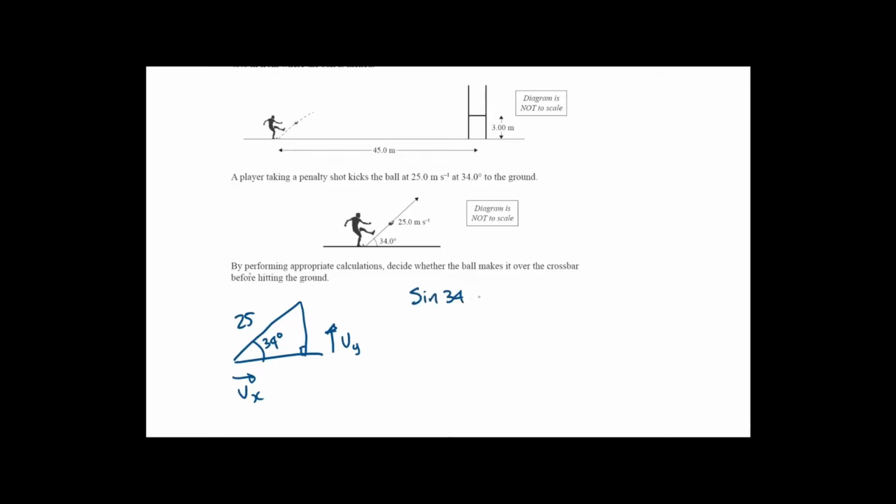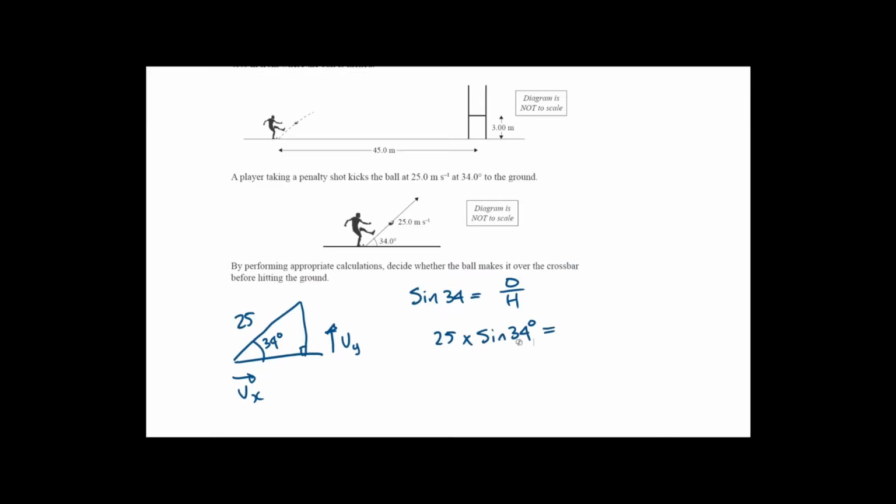So sine 34 is going to be equal to the opposite side over the hypotenuse. So the vertical component is going to be 25, which is the hypotenuse, times sine of 34 degrees.